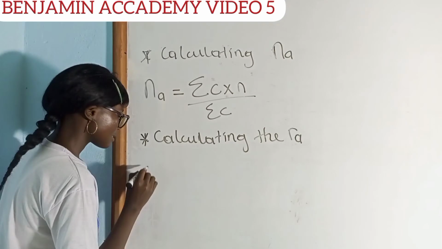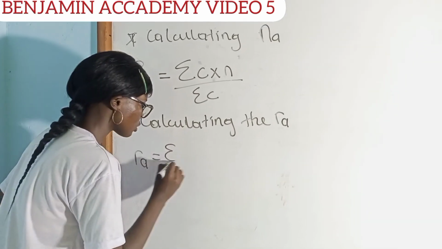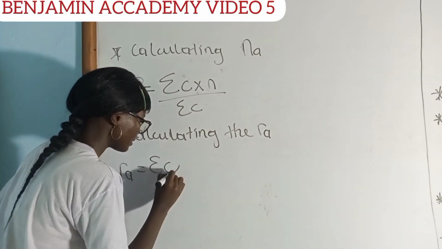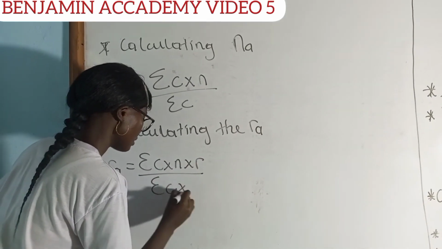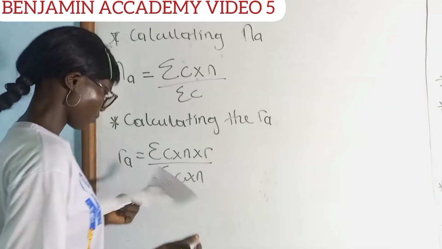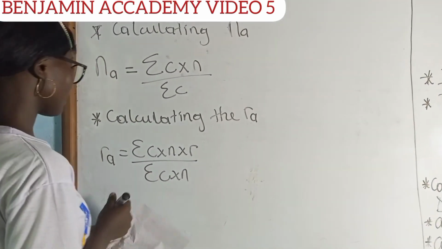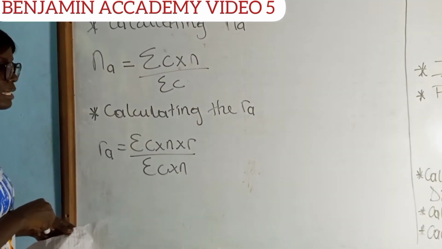To calculate this, R A is equal to summation C times N times R, all over summation C times N.